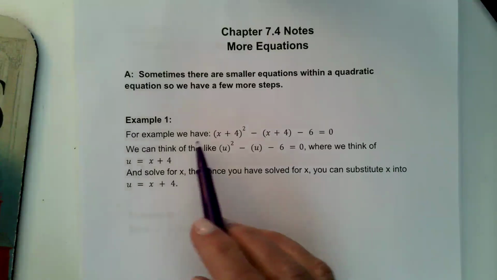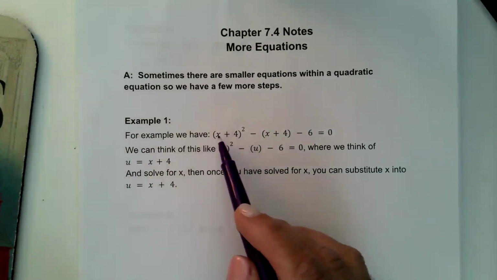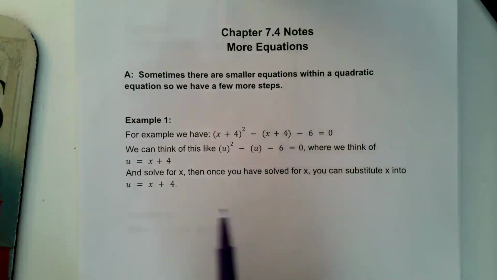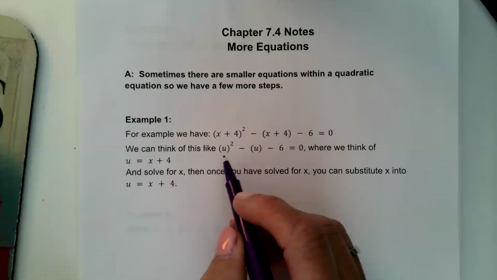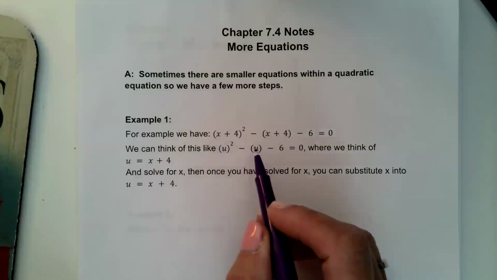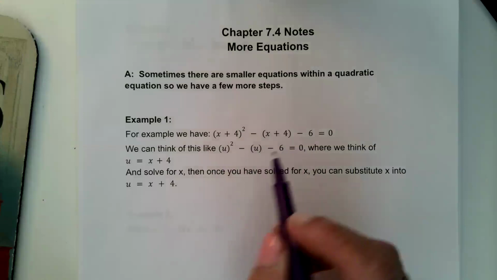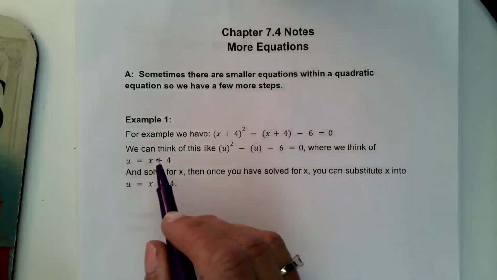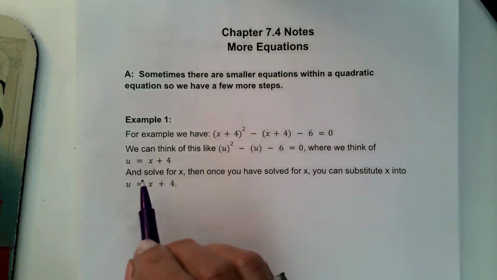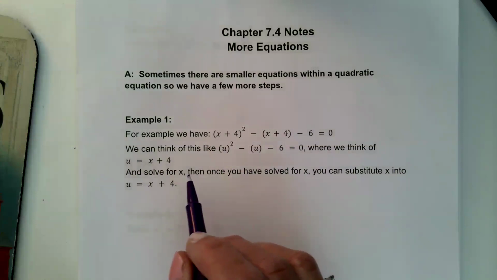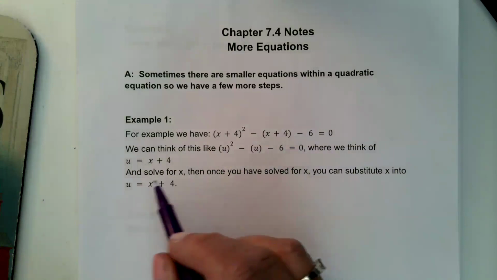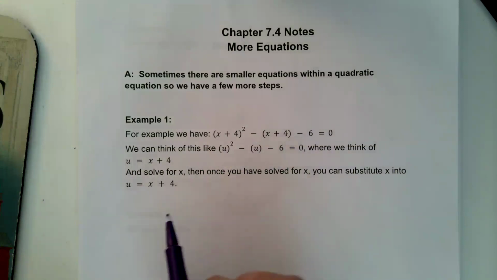So for example, we have the expression x plus 4 squared minus x plus 4 minus 6 equals 0. We can think of it like this: we've got a something squared minus that same something minus 6. If we let x plus 4 be represented by u, then we can solve by substituting in u equals x plus 4.